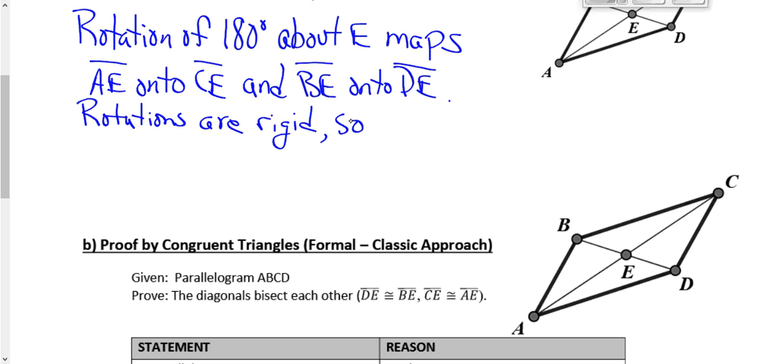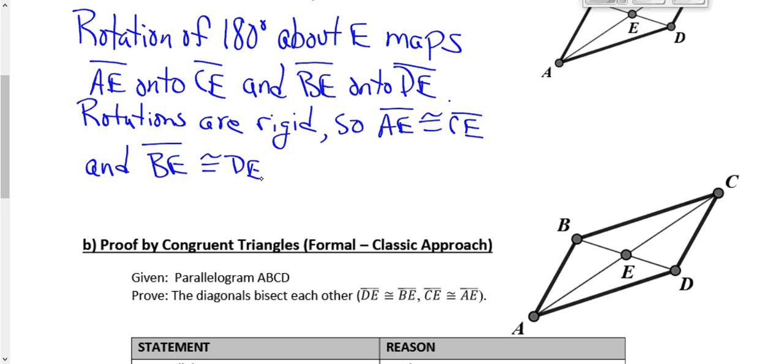What are we going to write? Exactly. And BE congruent to DE. Okay? Does that make sense? And we've just shown that, because that's the definition of the segment bisector. It makes congruent segments. Okay?